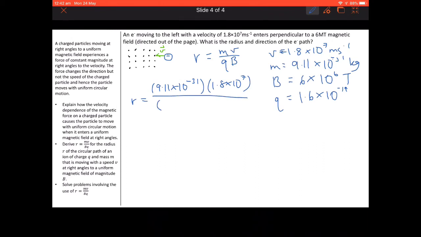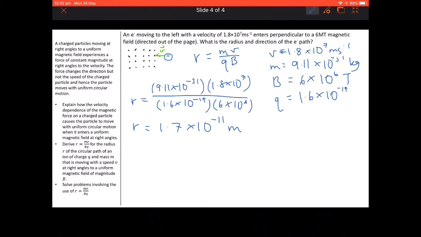The charge on the electron is 1.6 by 10 to the negative 19 coulombs, and the magnetic field strength is 6 by 10 to the 6 teslas. If you pop all of this into your calculator, you'll end up with a radius of 1.7 by 10 to the negative 11 meters, so quite a small circle.